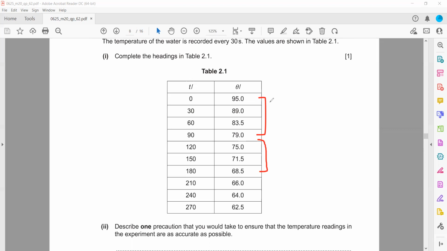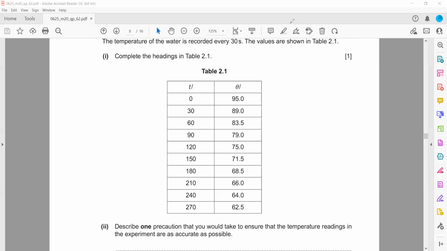That is 95 minus 79, which equals 16, divided by the time interval, that is 90. And what about the average rate of cooling for the remaining 90 seconds, from 90 to 180? How much is the temperature difference? That is 10.5 divided by 90.